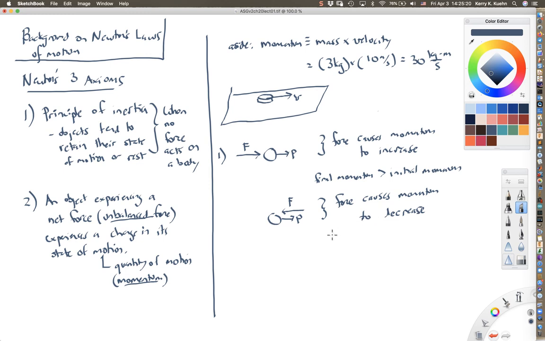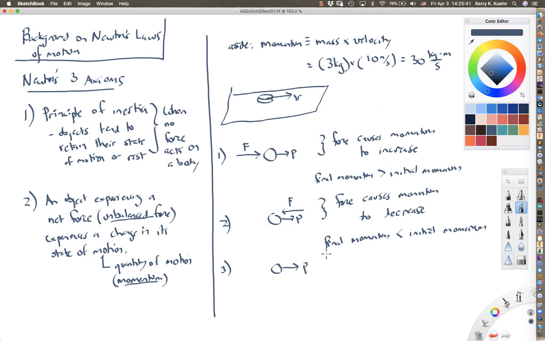So it's going to slow down. In other words, the final momentum is going to be less than the initial momentum. That's case 2.